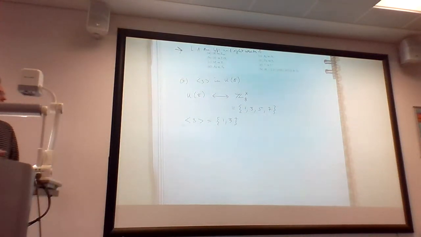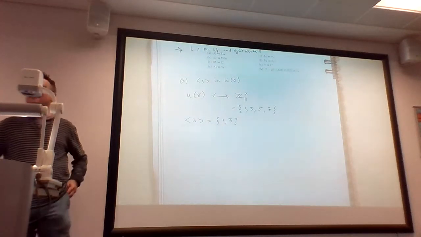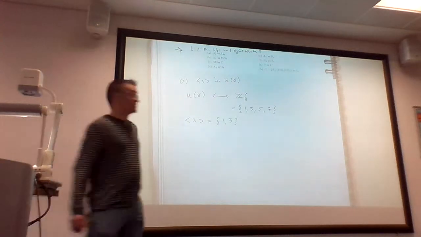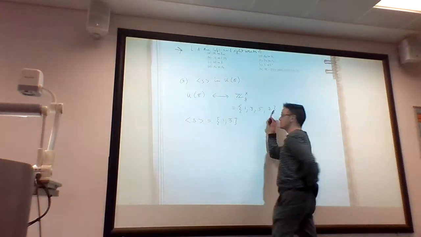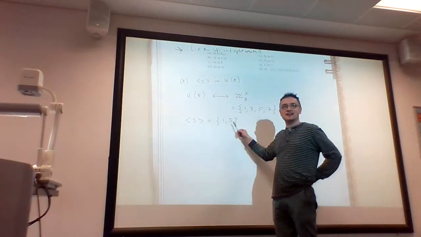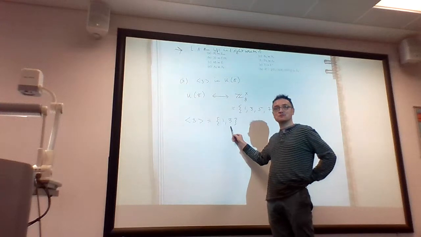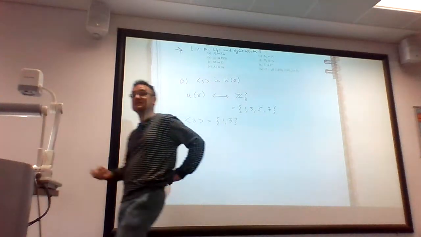Okay. So how many left cosets do we expect? We're going to be partitioning this 4-element group by the cosets of a 2-element subgroup, so we just expect two cosets.